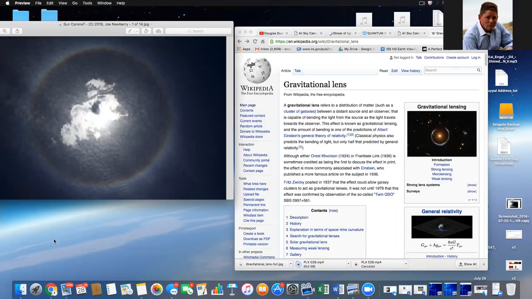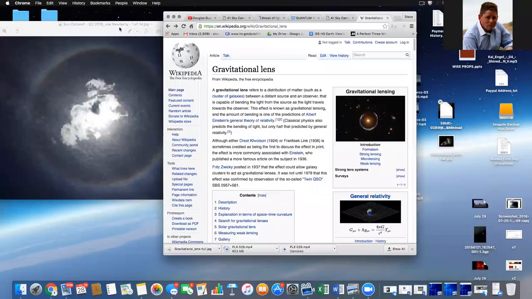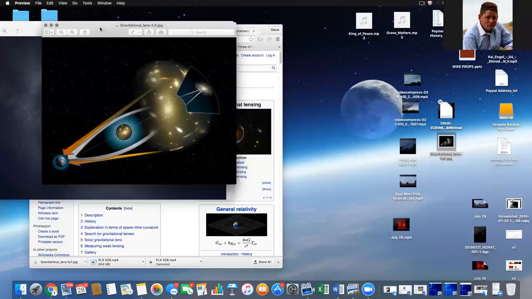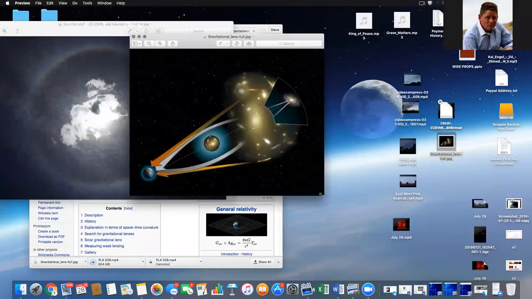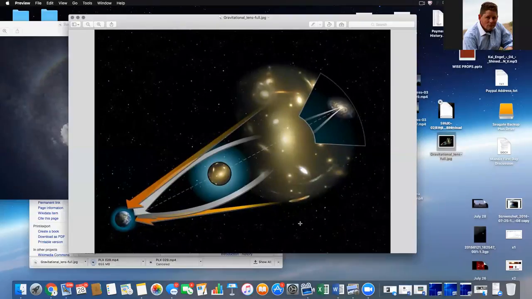Now explain that, Steve. What is a gravitational lens? All right, so I think a good illustration to start would be this one. We know, because of Einstein's theory of relativity, that if there's a lot of gravity or a lot of mass to an object, it actually changes time-space.